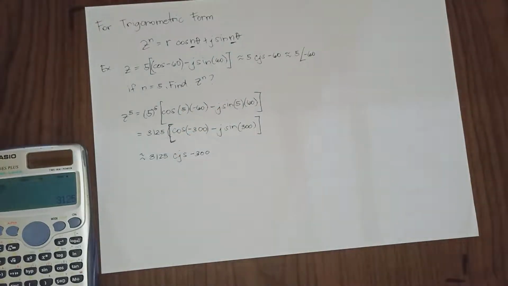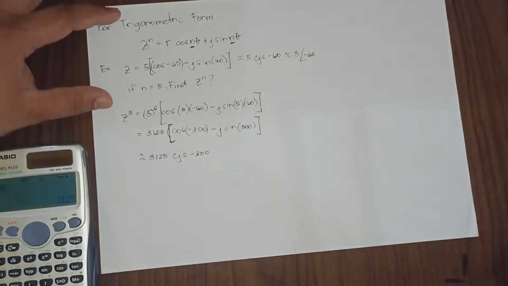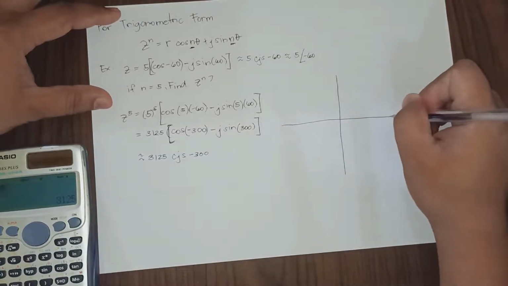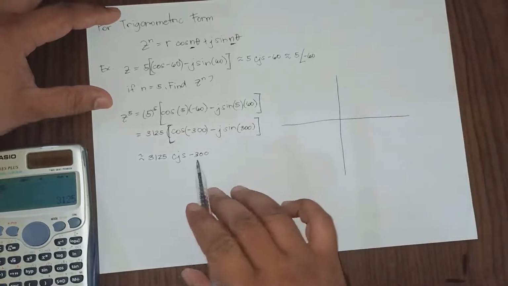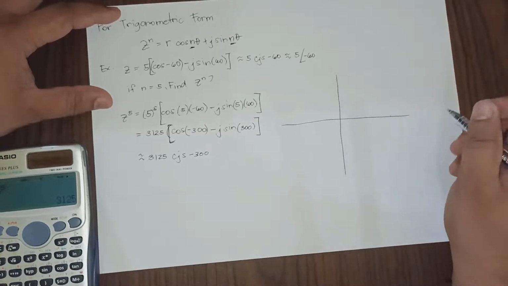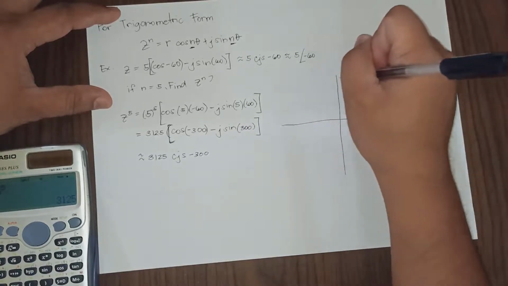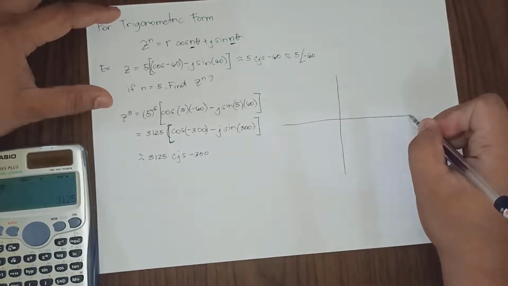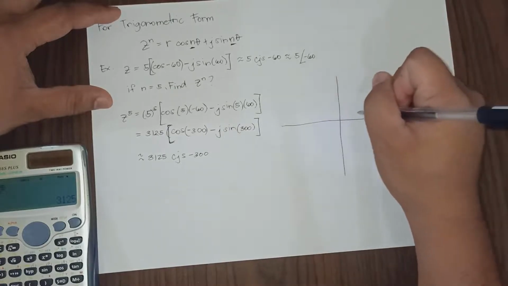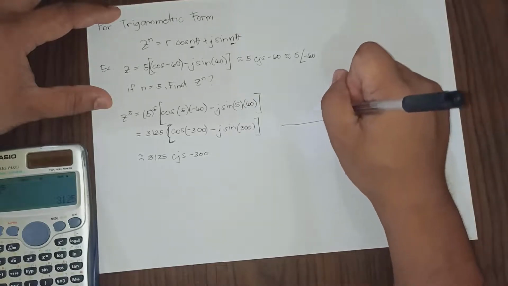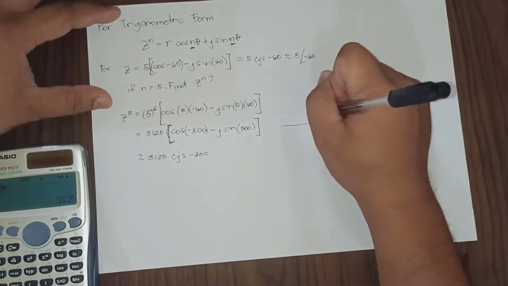So, if we plot that again in the Argand diagram, this will be our reference point. Since it is negative 300, we count clockwise, from here to here. If this is 360, then this is 270, here. This is the negative 300.